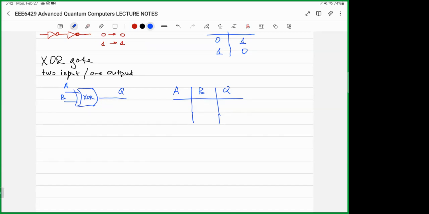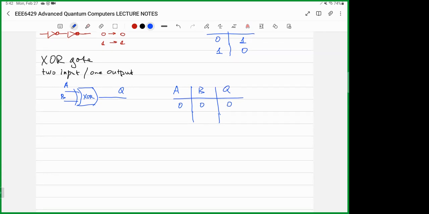So basically, when both inputs, A and B, are equal, for example, if A is equal to 0 and B is equal to 0, the output is 0. And the same way, if input A is 1 and B is 1, my output also will be 0.